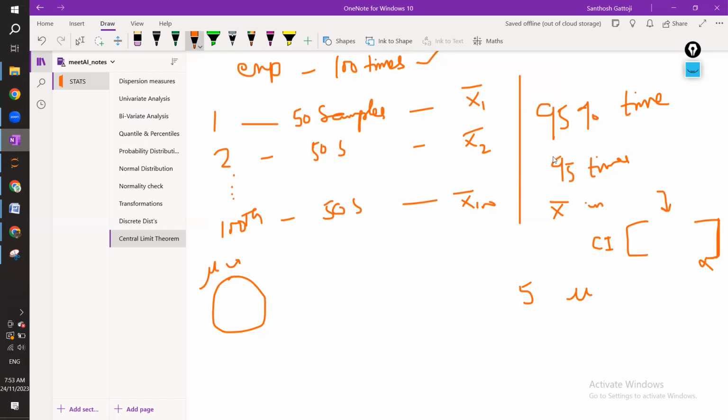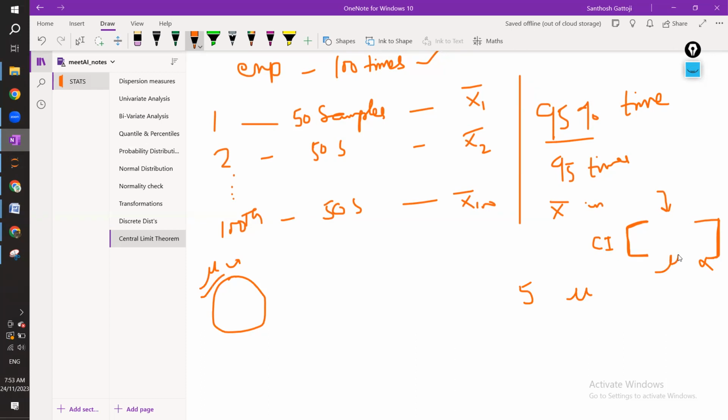So at the 95% confidence level, it means that if you conduct an experiment 100 times, 95 times you can be sure that your mu will be captured within this confidence interval. But 5 times there are chances that it will be missed from this confidence interval.